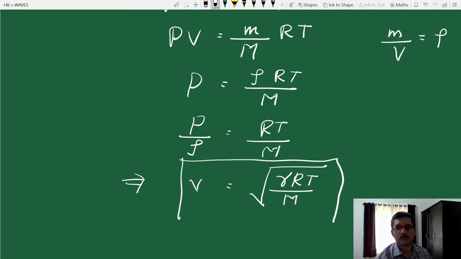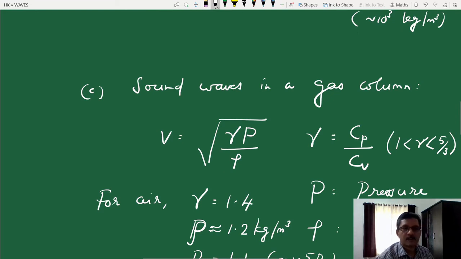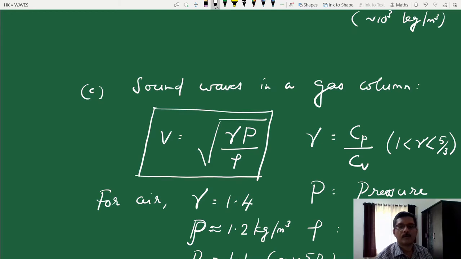So this is also an expression for the speed of sound in a gas. We can use either this formula or this formula.